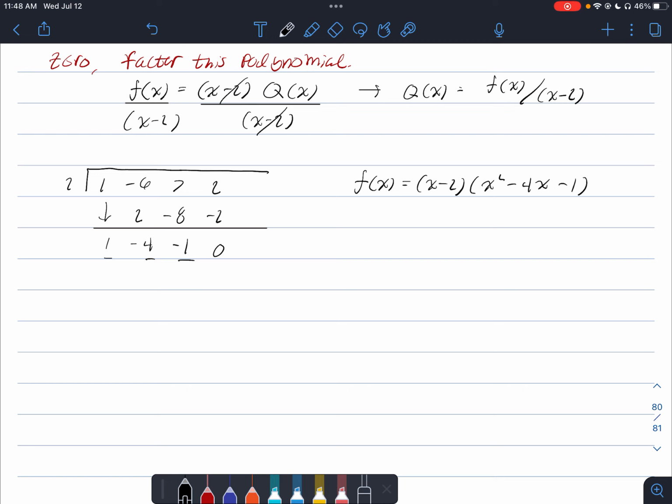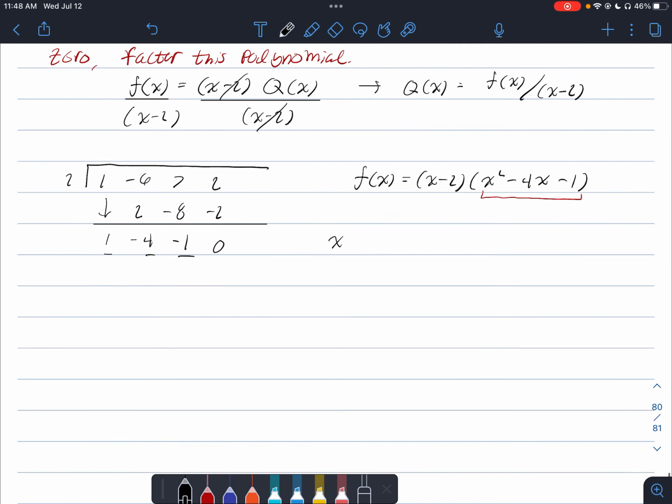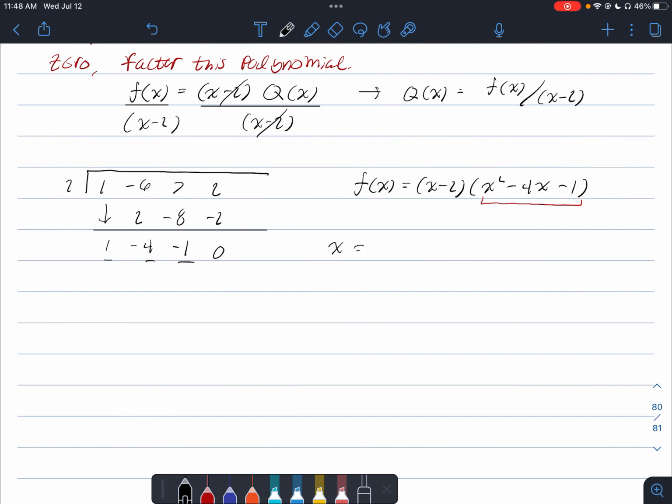And we can do that using the quadratic formula. So let's do that now. Remember, we're doing this quadratic formula on x squared minus 4x minus 1. So we have x is equal to negative -4 plus or minus the square root of -4 squared minus 4 times a is 1 times c is -1.